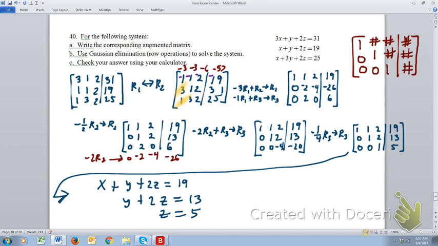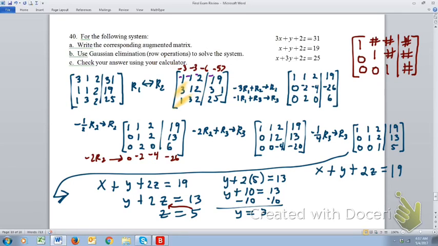So let's plug in 5 for z. We'll get y plus 2 times 5 equals 13, or y plus 10 is 13, and we're going to get y equals 3. Now we'll have to substitute the z and y values into the first equation, and then we can find x.